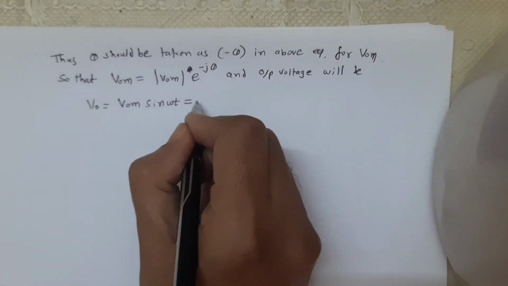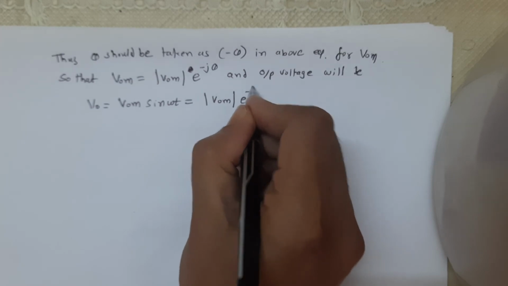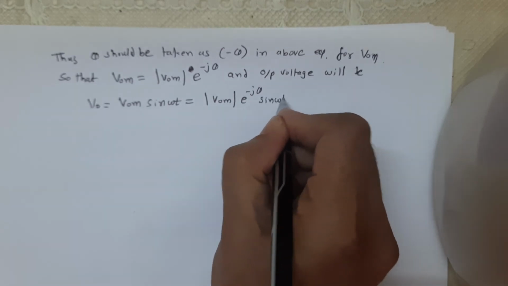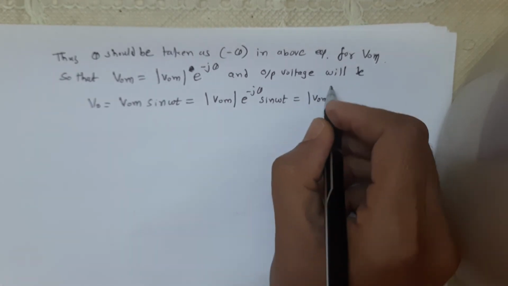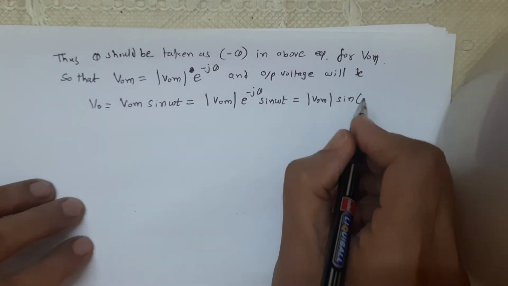It is equal to modulus of VOM e raised to minus j theta sin omega t. It is equal to modulus of VOM sin omega t minus theta.